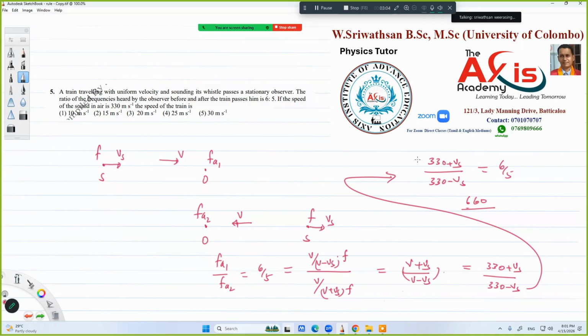If you subtract the numerator from the denominator, 330 cancels out and that will be 2 Vs. You need to do the same on the right hand side: add 6 with 5, that is 11, and subtract 6 with 5, that is 1. Now you can simply solve this: 660 over 2 Vs equals 11. So Vs is 60 divided by 2, that is 30 meter second minus 1. So 30 meter per second is the speed of the train.